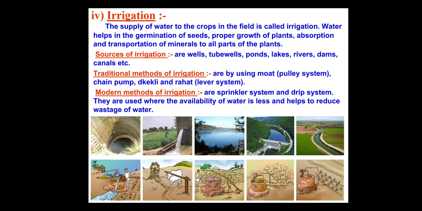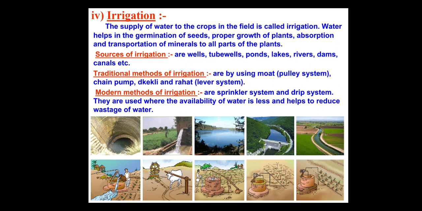The next step is irrigation. Irrigation is not just adding water to some of the crop plants. The field area is quite large. So, traditionally they used to use moat, chain pump, Dekli, all these to irrigate the plants. But these traditional methods have their own demerits.